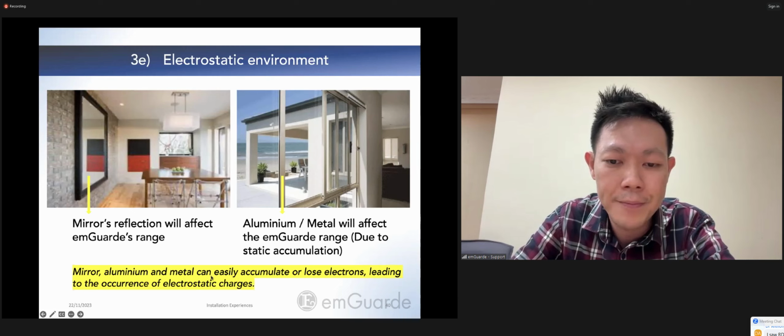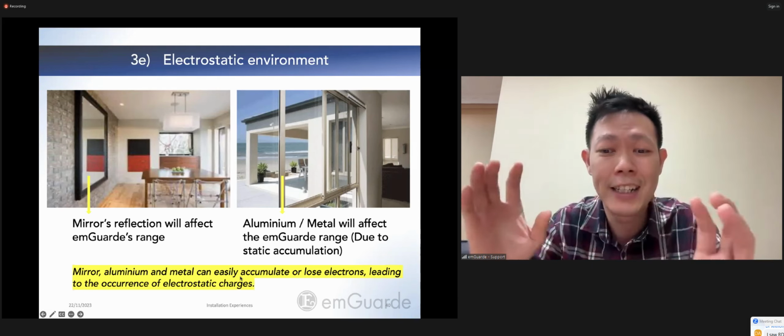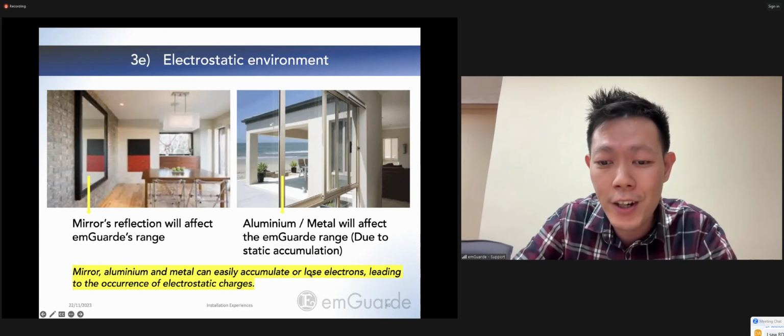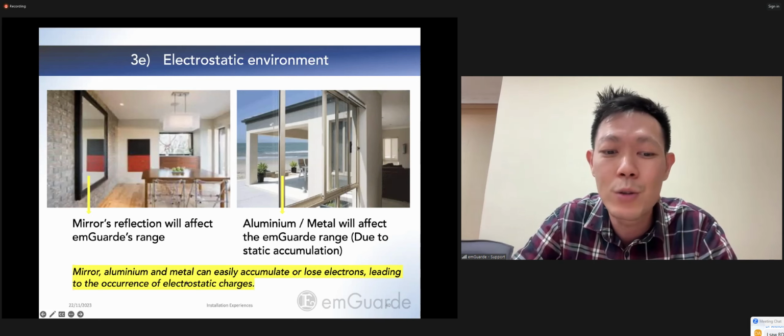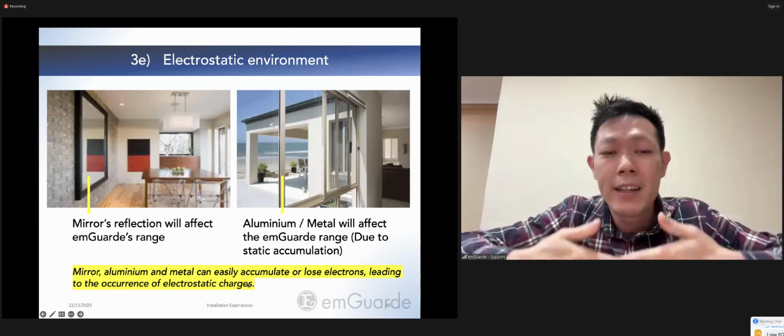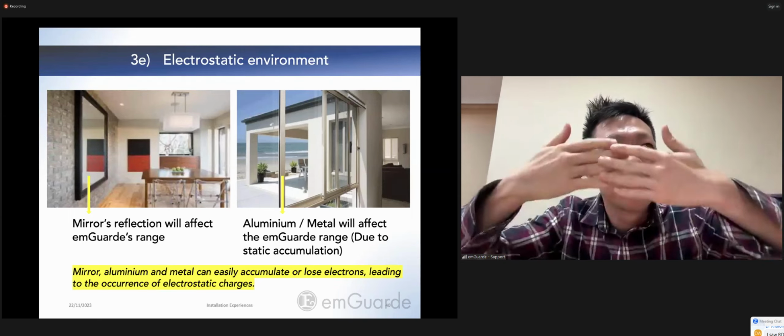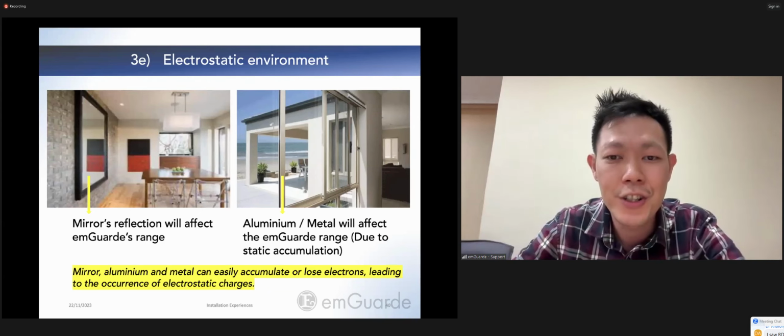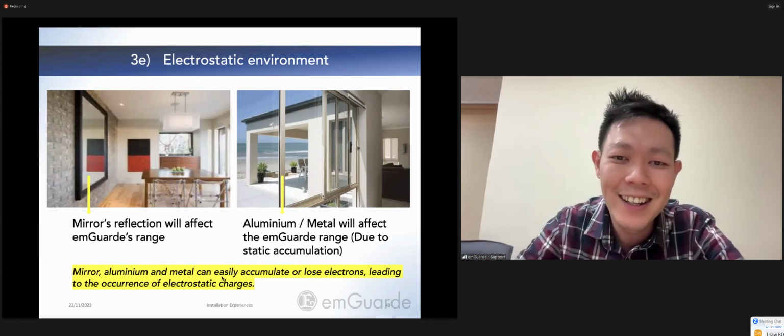Electrostatic is what we call loose electrons leading to the occurrence of electrostatic charge, meaning that it may build up a huge shield to prevent it. Okay, this is something very technical.